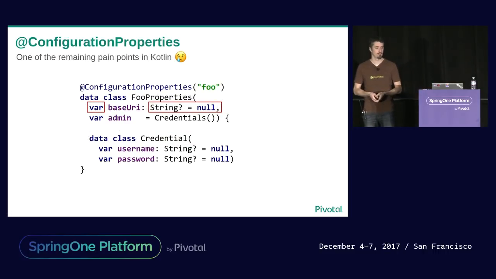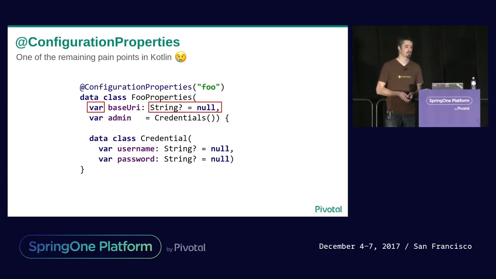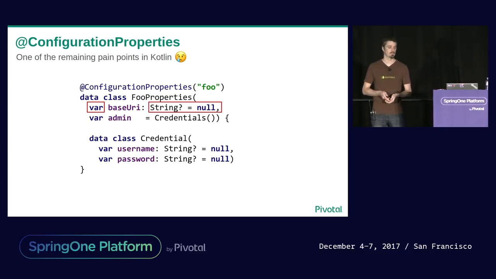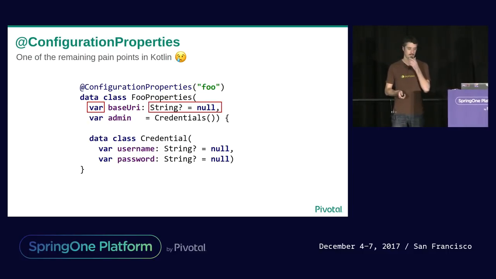Okay, now one of the remaining pain points, sorry for that, but it's not yet fixed. Configuration properties in Spring Boot are a super nice way to deal with type-safe properties, and much better in my opinion than @Value. But it's basically designed to work with mutable classes that don't care about null safety.